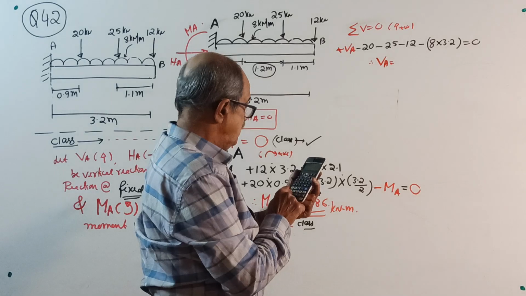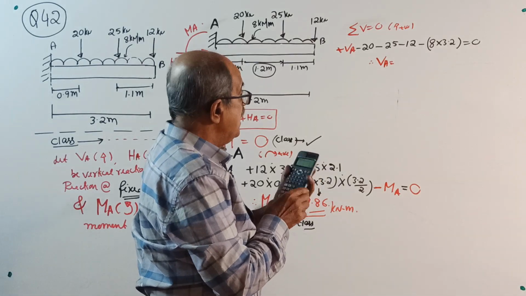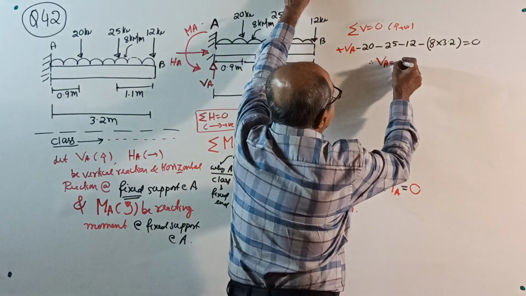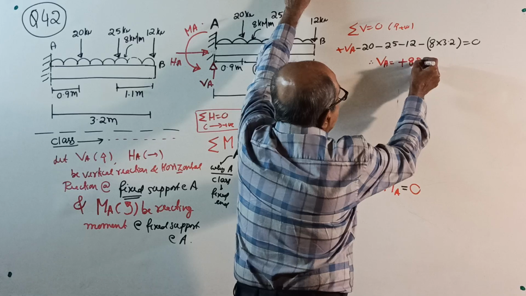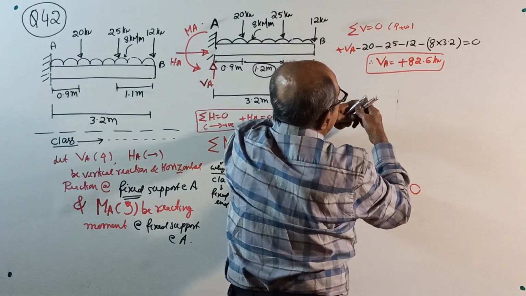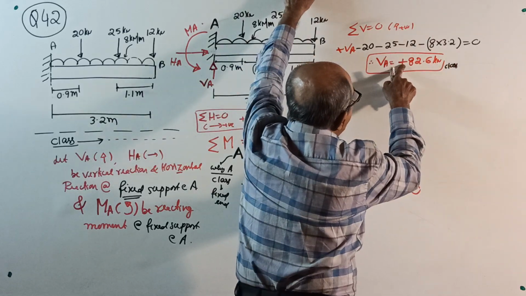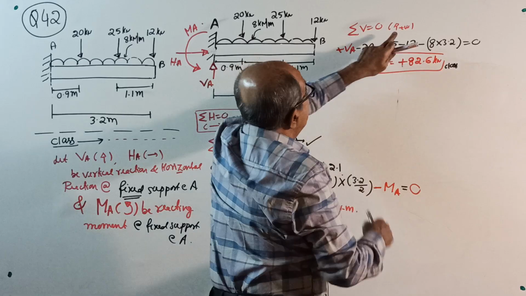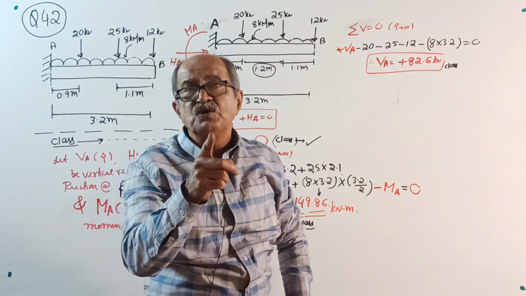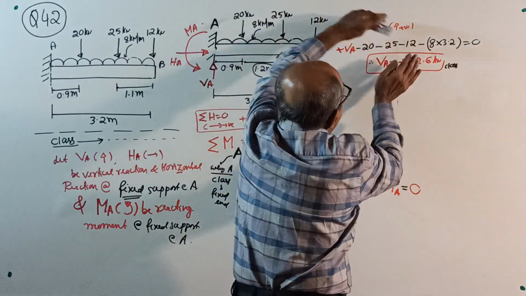Therefore, you will get VA equal to 20 plus 25 plus 12 plus 8 into 3.2, which is 82.6 kilonewton. Plus will come, important, plus 82.6 kilonewton. Make a note in the class. Plus sign we got. If I ask in the class what sign you are using, students will tell, sir, upward positive. Don't answer that. This sign has nothing to do with it.